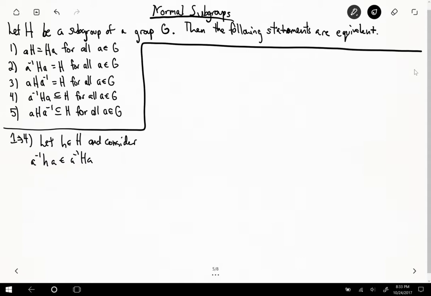What do we want to show? We want to show that this element here belongs to H as well.